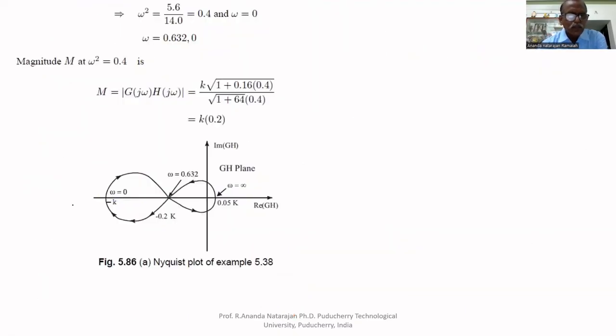So this is the mapping. There are three possibilities. The minus one may be here, or the minus one may be here, or the minus one may be here. When minus one will be here, case one: minus one will be there if K is between 0 and 1.